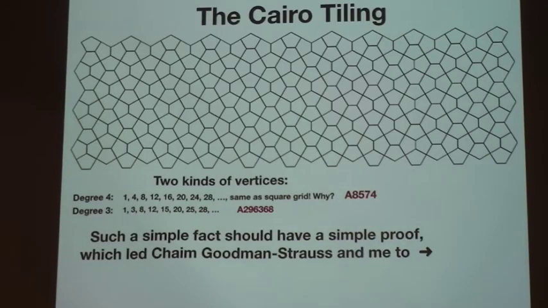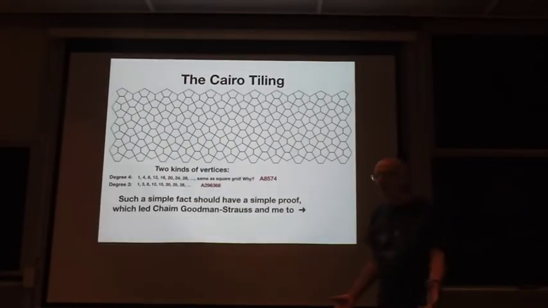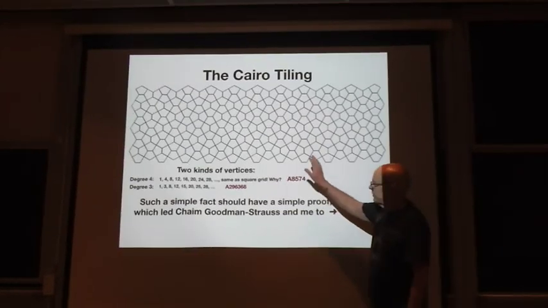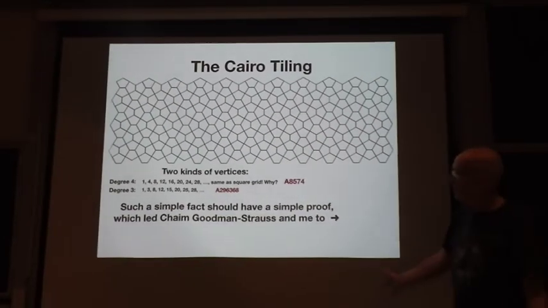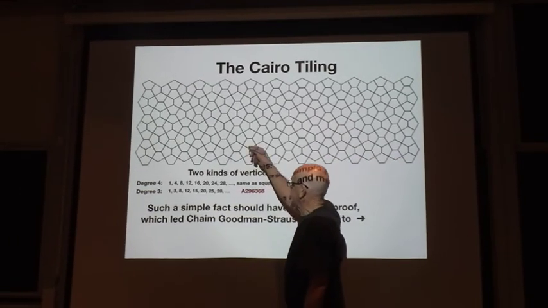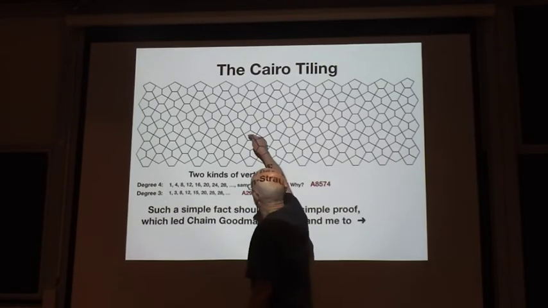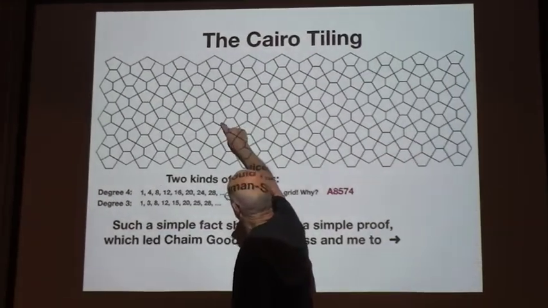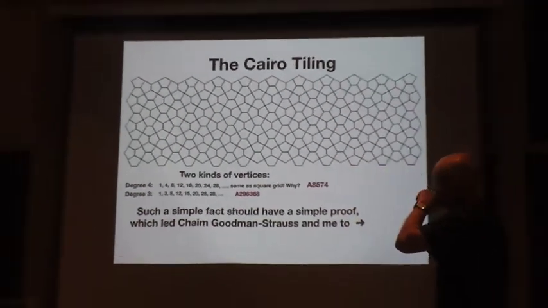And so the chirotiling, I'm told that you see this on the streets of Cairo, and it's not regular because it's got 2 kinds of vertices, but it's 2-transitive on vertices. And again, it's got vertices of degree 4, vertices of degree 3. There are the coordination sequences.